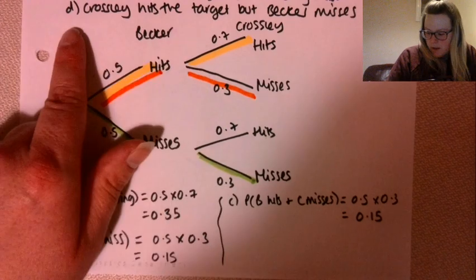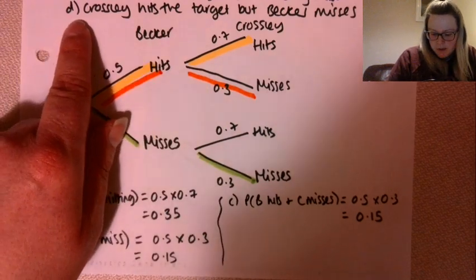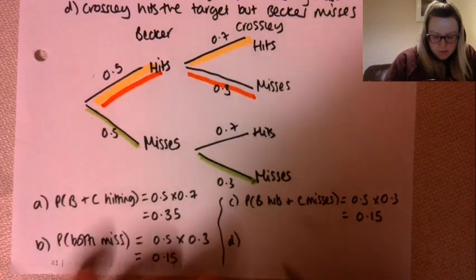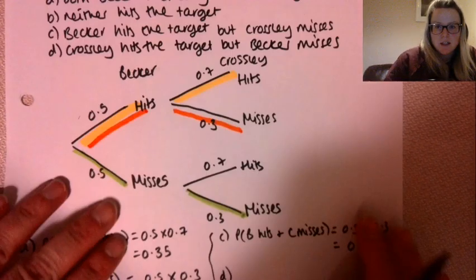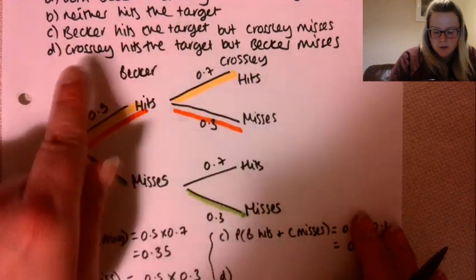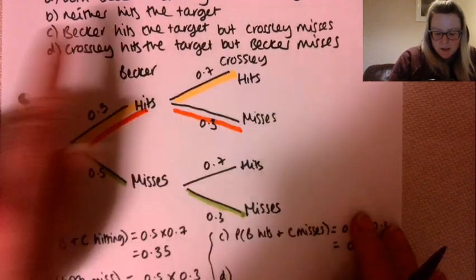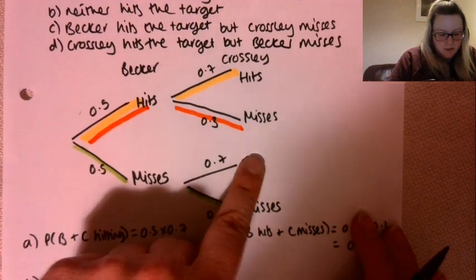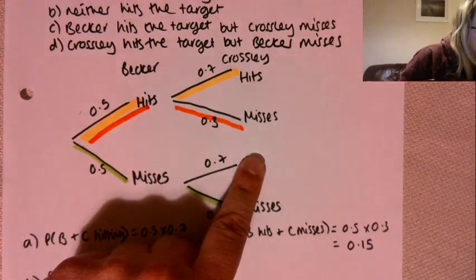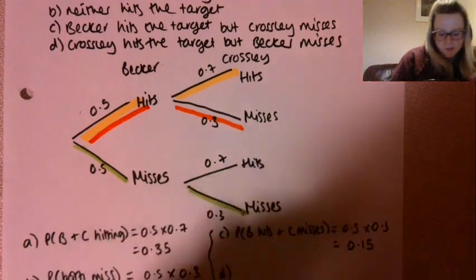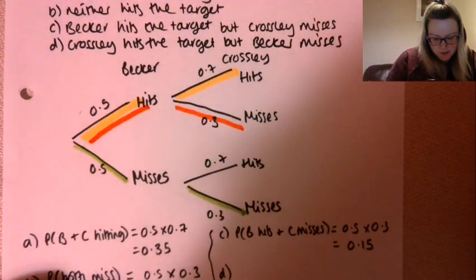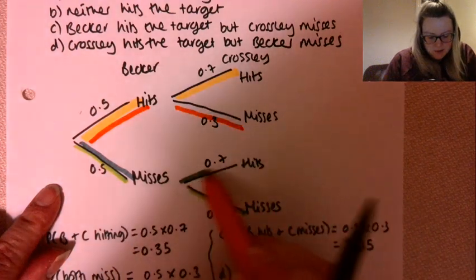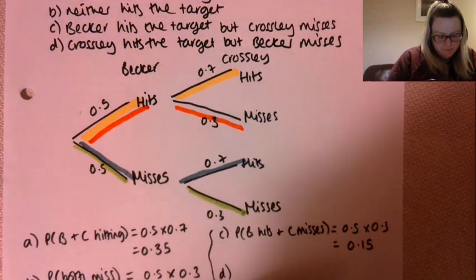Okay. For part D, the probability that Crossley hits but Becker misses. So they've been sneaky here. They've given us these in the opposite way round. So Becker misses and Crossley hits. Let's go grey.